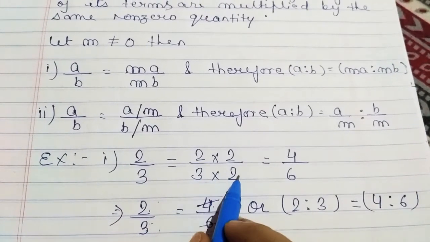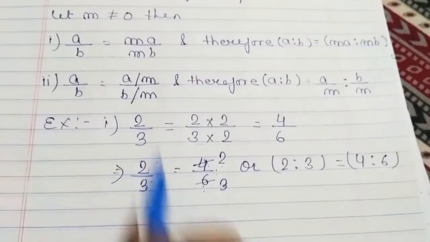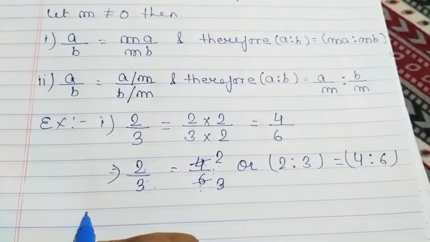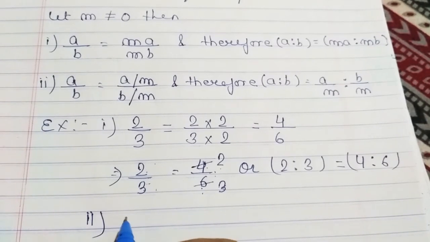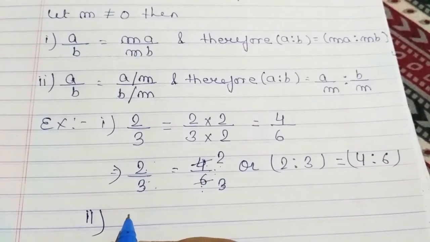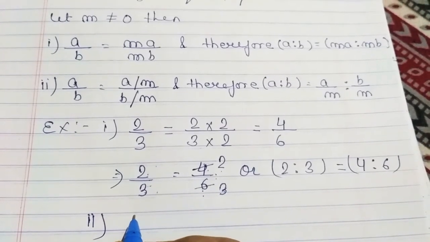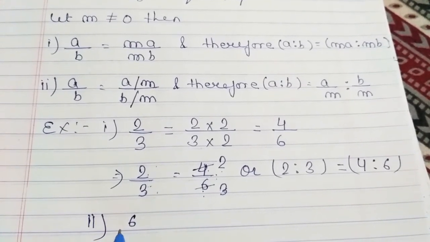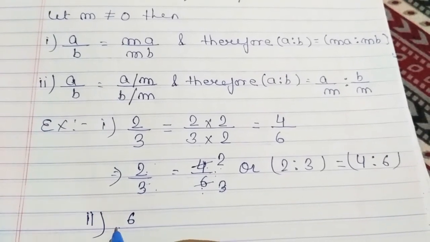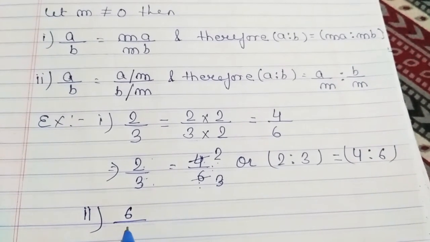Here you multiply it. Suppose you divide, just take any number. Suppose here your ratio is 6 by 3.